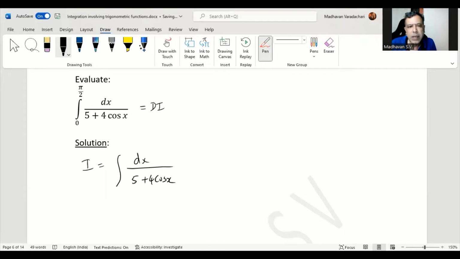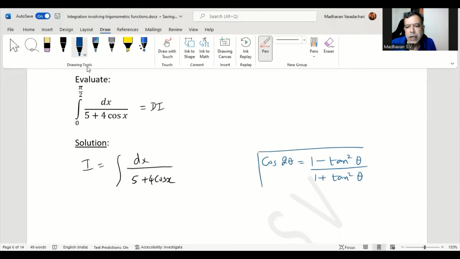Now we will be using one trigonometric identity, which is cos 2 theta is equal to 1 minus tan square theta divided by 1 plus tan square theta. We'll be using that in the denominator of the given integral.